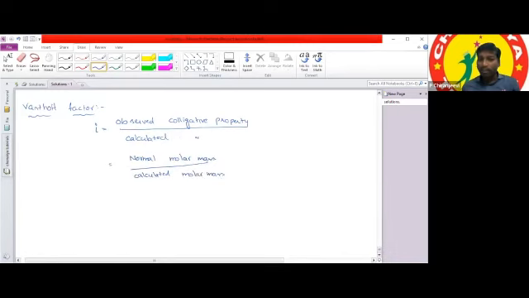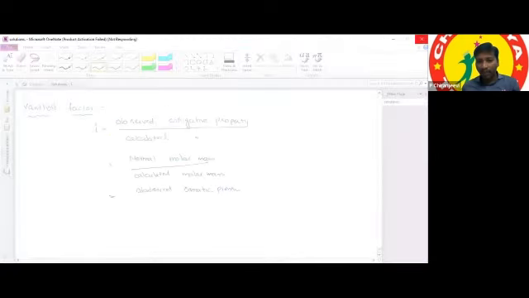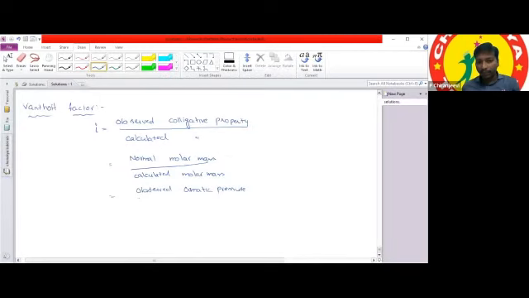Okay, so we can give another definition also. Another definition is the observed osmotic pressure by the calculated osmotic pressure.